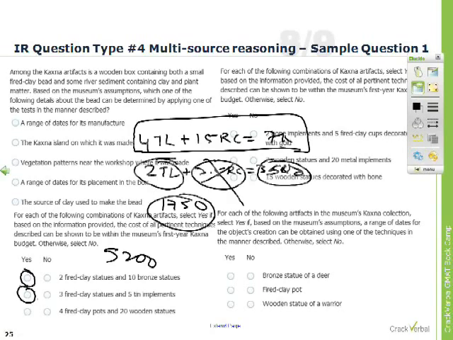Third, 4 fired clay pots. So that is less than 7,000. That's all I know. 4 TL. I don't know anything about RC. And 20 wooden statues. That is unlimited.